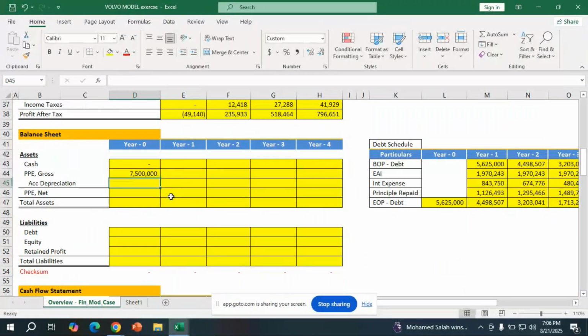Now, the gross value of the asset remains the same for all the 4 years. Will it change? It won't change. At whatever value we have acquired the asset, that value will remain constant over the period of time. Post depreciation we might observe changes, but the gross value will remain the same irrespective of the period. So from year 0 to year 4, the value will be the same.